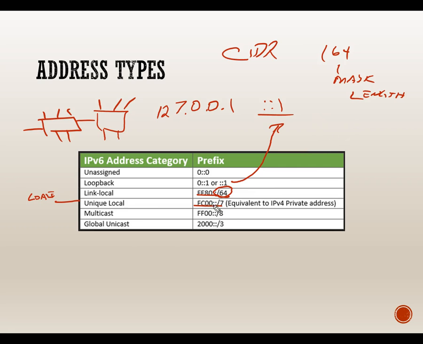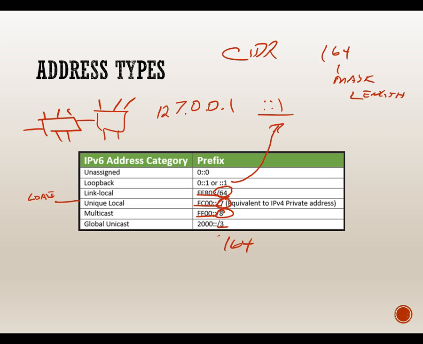And you notice down here, unique local FC00, 7 bits are going to be the network. The multicast starts with FF0, 8 bits. Global unicast 2000::, and it's going to have a /3, which means the first 3 bits in the default are going to be network address. Mine, my ISP gives me a /64 address.